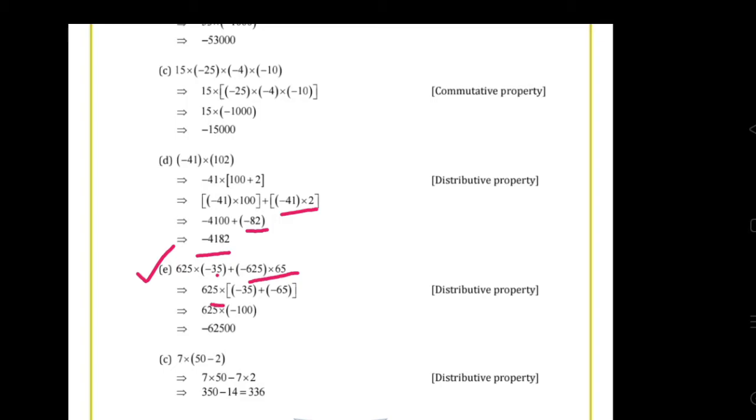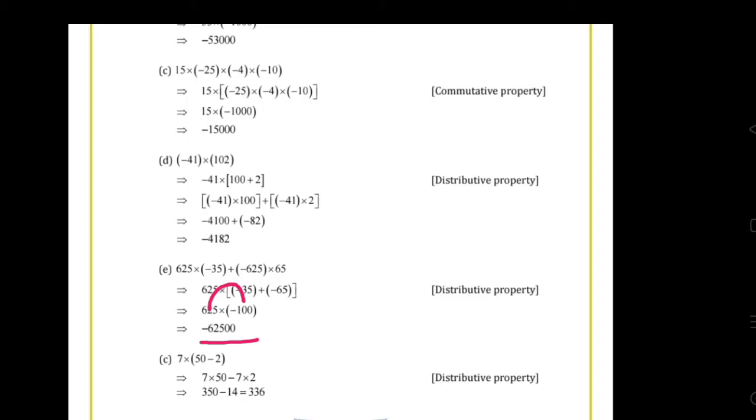So here 625 is common, and the remaining terms -35 and -65 go in the bracket. After simplification, -35 and -65 make -100, and then 625 × 100 becomes -62,500, and here also we use the distributive property.